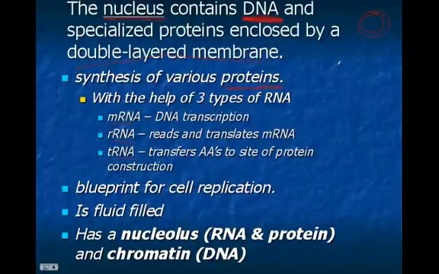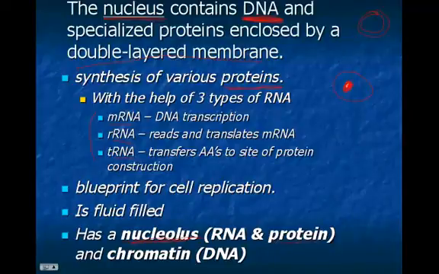If you were to look at the nucleus, you would see inside the nucleus a really dark area. And that dark area is called the nucleolus, okay? And the nucleolus is going to house these types of RNA that are being made, along with some of the proteins that will go into making up ribosomes, okay?